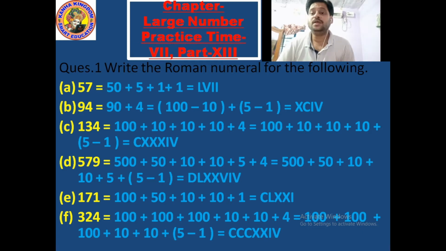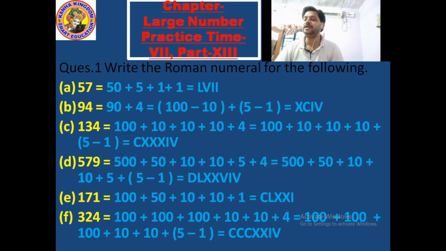So see here, 57. First you split 57 according to the 7 main letters, means 50 plus 5 plus 1 plus 1, because there is no 2. So 50 plus 5 plus 1 plus 1. How can we write 50? L. How can we write 5?